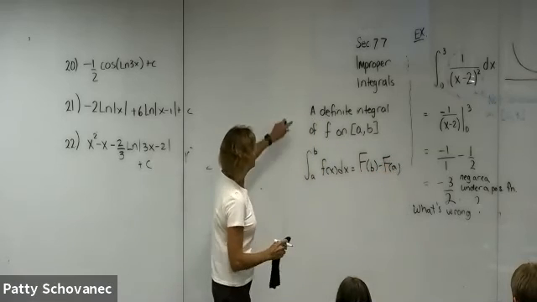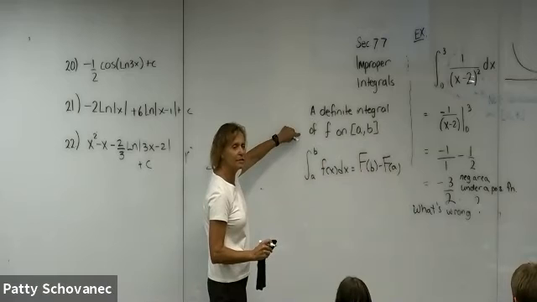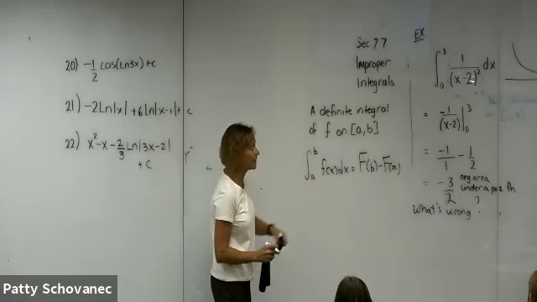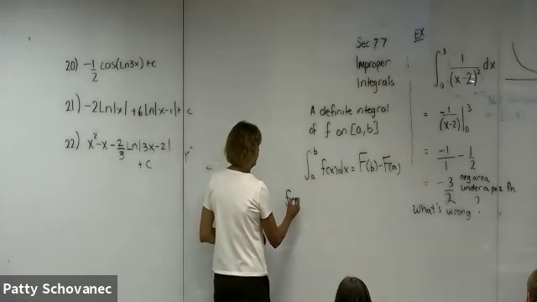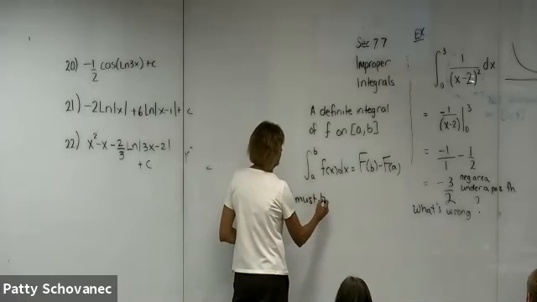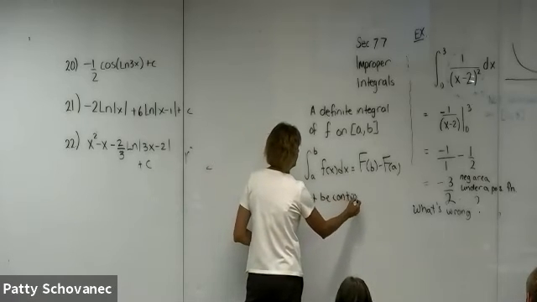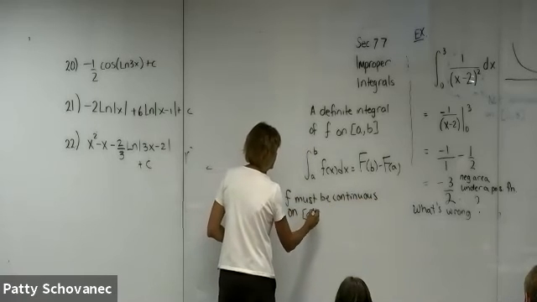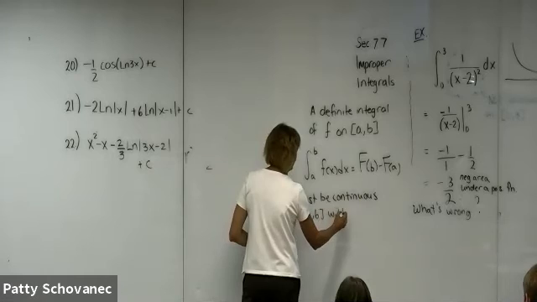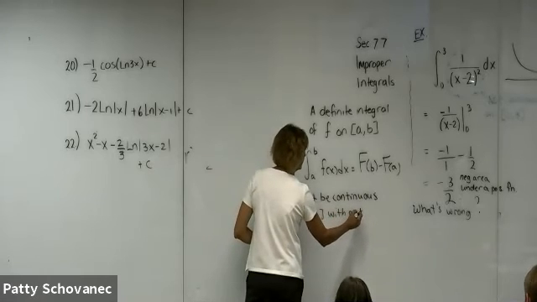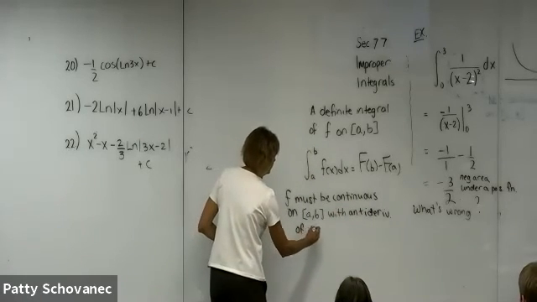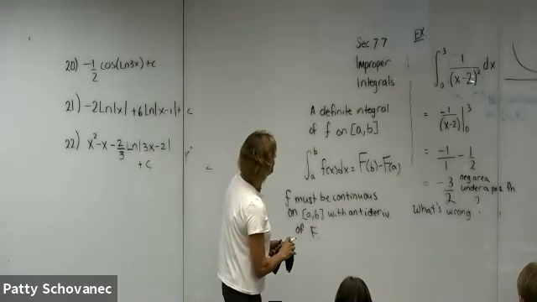But there was a disclaimer about f: f had to be continuous over the entire interval from a to b, including the two endpoints, and it had to have an antiderivative of capital F. So we're blowing that here. f is not continuous.